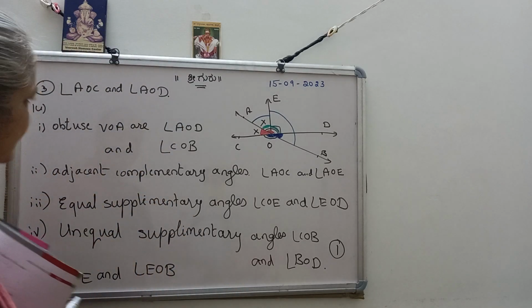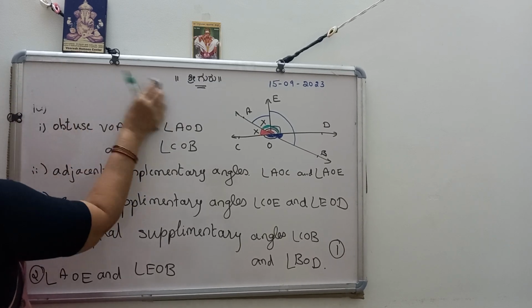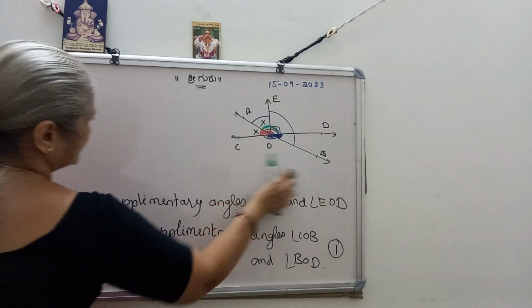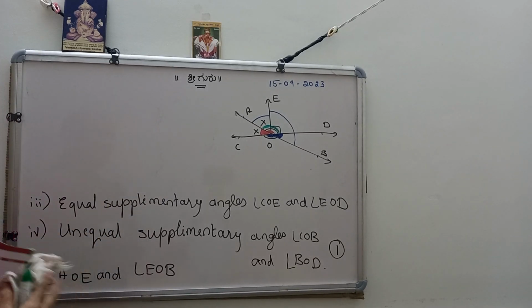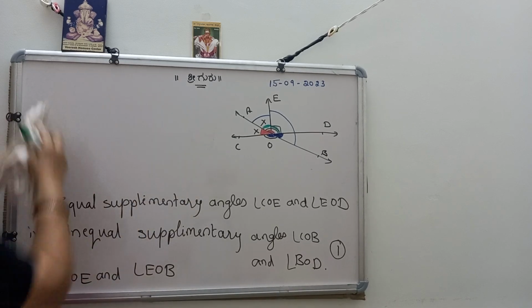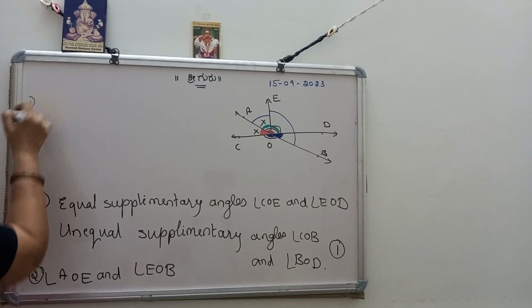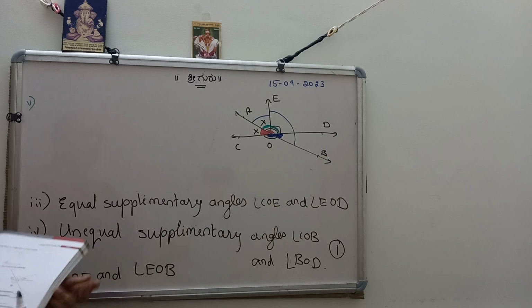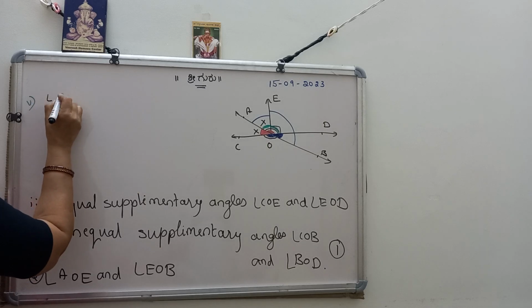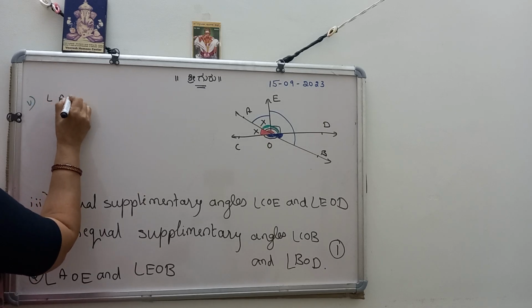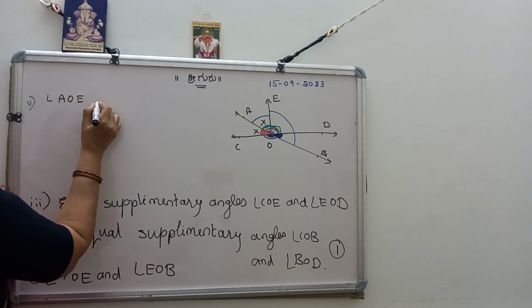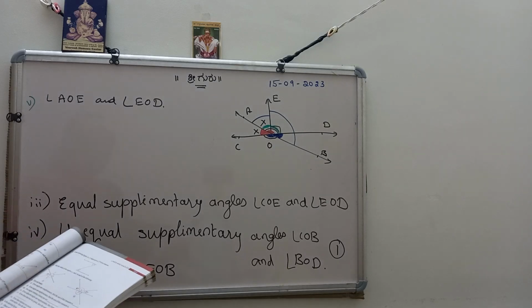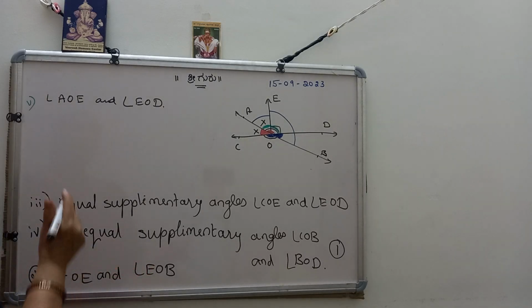So for the fifth one, angle AOE and angle EOD, one pair of adjacent angles that do not form a linear pair.